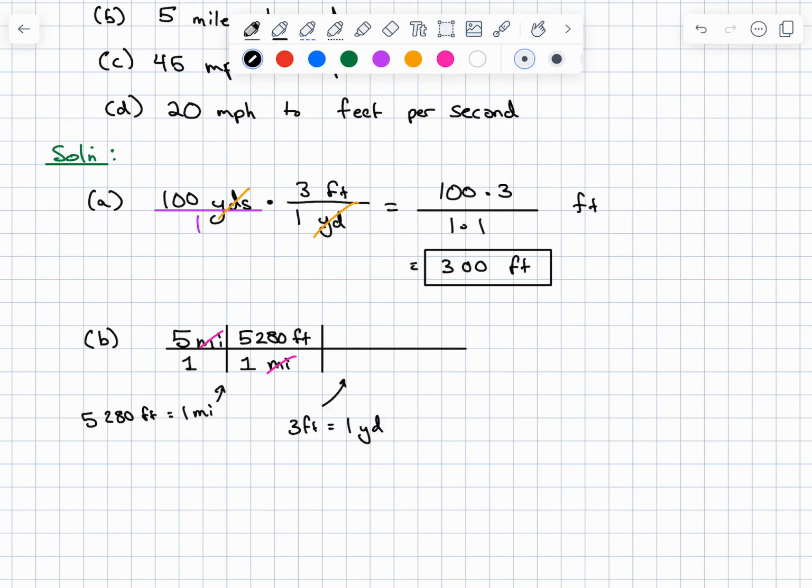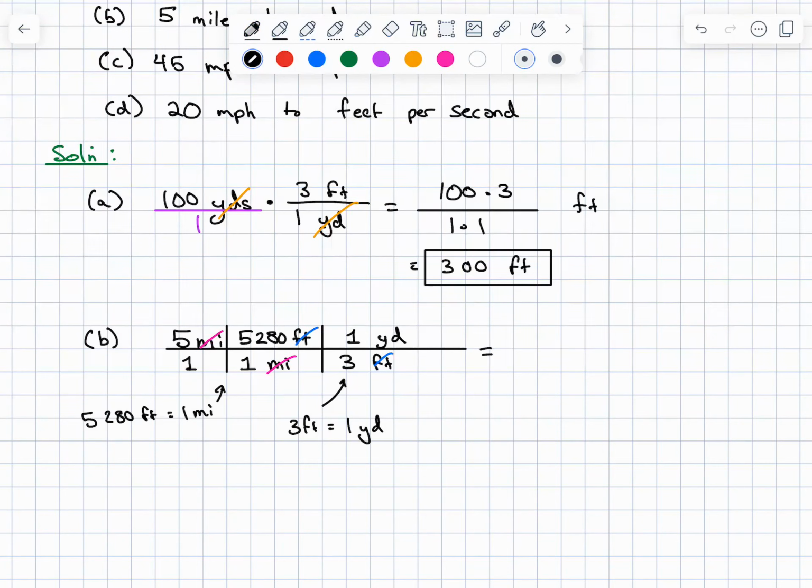I need 1 on top, 1 on bottom. So I'll put the 3 feet on the bottom and the 1 yard up top. Then I stop and cancel the feet and ask myself, do I have the desired unit measurement? Yes, I do. I have yards, which is what I want my answer to be in.